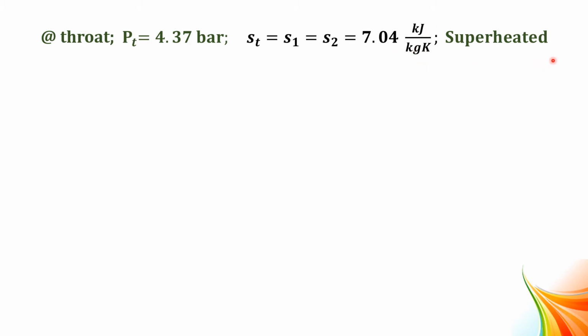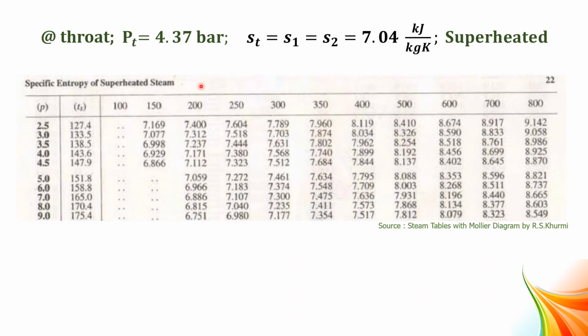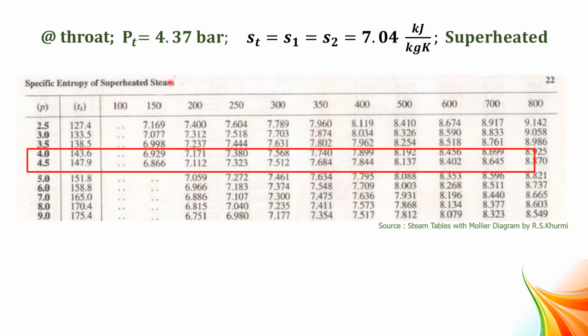The steam is in superheated condition. So now we have to find out the superheated temperature. For calculating it, we go to the superheated specific entropy table corresponding to a pressure of 4.37 bar. See here, 4.37 bar is not given in the steam table.